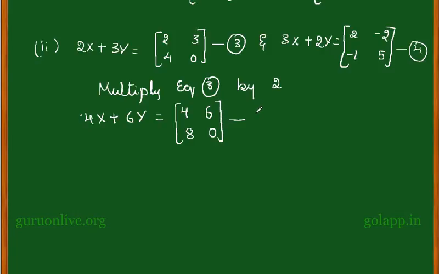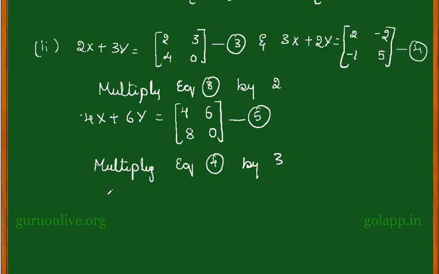So I get equation, I call this as equation 5. Next, I multiply equation 4 by 3.